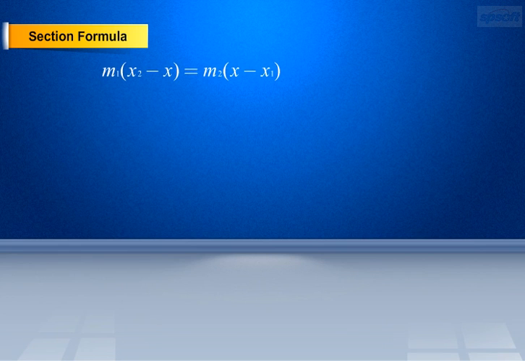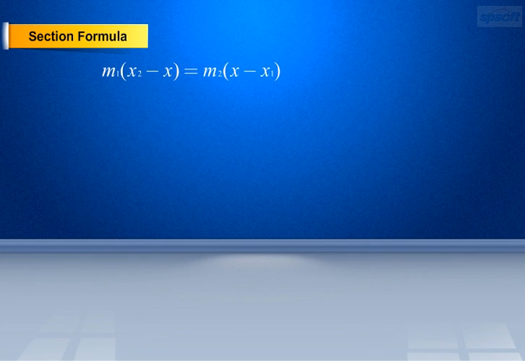Now take m1y to the right side, m2y1 to the left side: m1y2 plus m2y1 equals m2y plus m1y. Taking y as common on the right hand side, we have m1y2 plus m2y1 equals y into (m2 plus m1). This implies y equals (m1y2 plus m2y1) divided by (m1 plus m2).